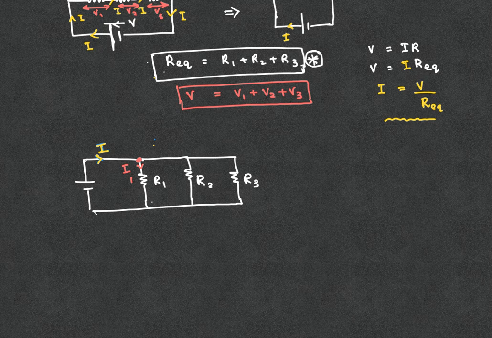So this is a branch, and there is another branch, and there you can take this current as I2, and let me use another pen. So there you have I3.